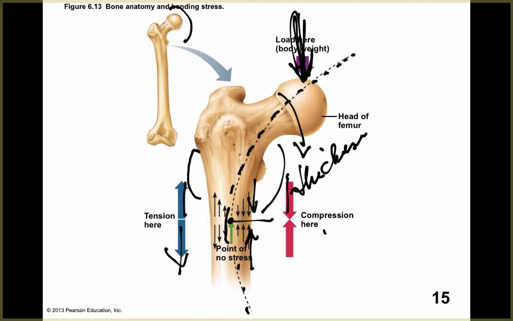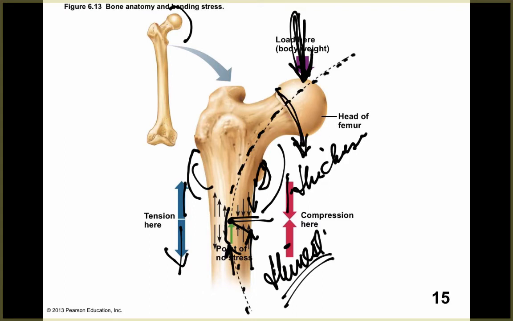So in this area down here, because there's no stress, this is going to be the thinnest. And it's the thinnest on the inside, right? Because there's that minimal kind of center there. But you're going to get these bigger, thicker spots over here to try to help protect it against all this extra weight. So that's basically mechanical stress.